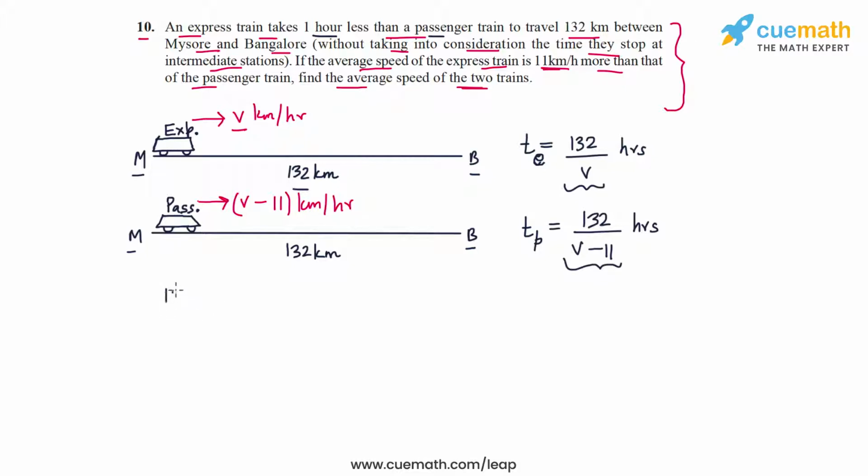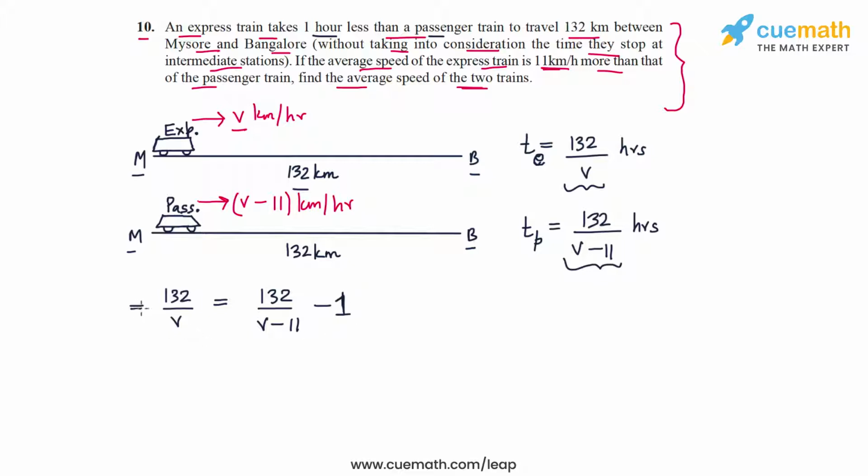So we can write 132 by v, the time taken by the express train, is equal to 132 by v minus 11, the time taken by the passenger train, minus 1, because the express train takes 1 hour less than the passenger train.